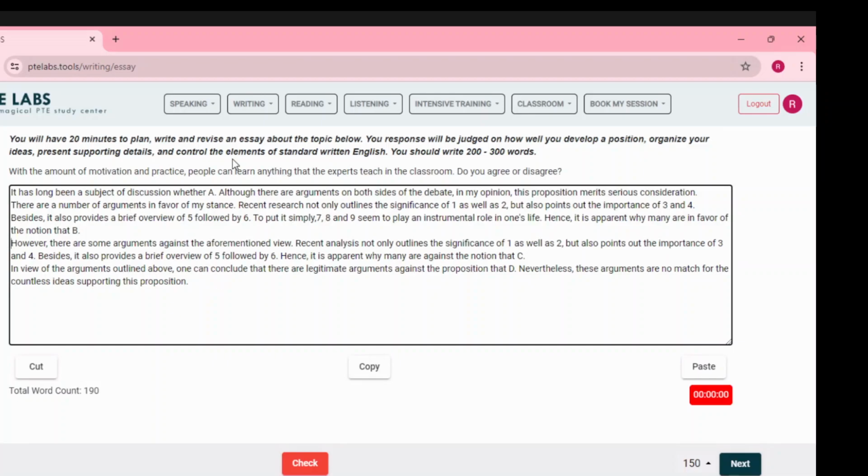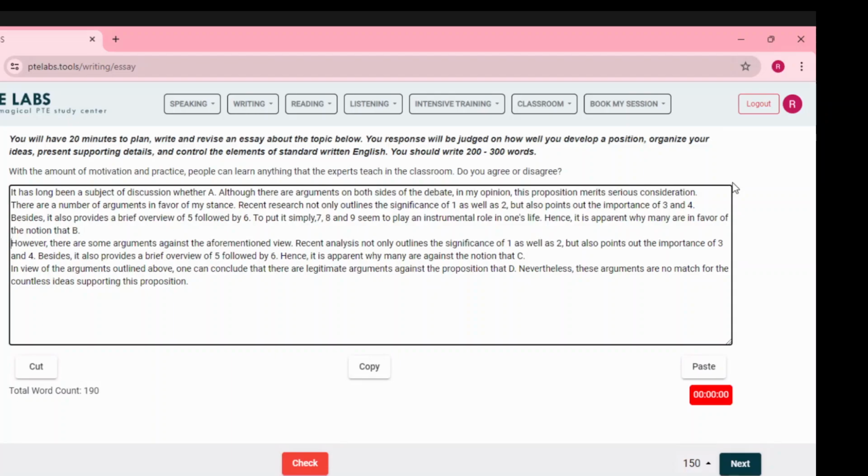Now, this is an agree disagree essay, right? So you have to use type 1. If it is a problem and solution essay, you have to use type 2, which means you have to change 4 words which are in the type 1 essay. And how are you going to identify whether it's a problem and solution essay? Now, first thing you have to read the given topic and then understand it.